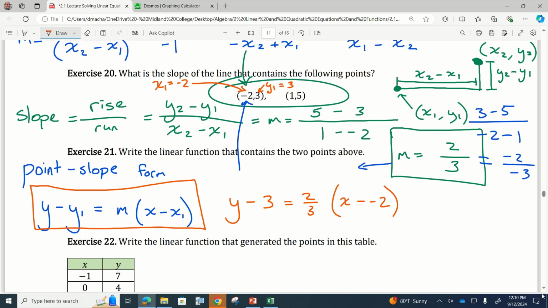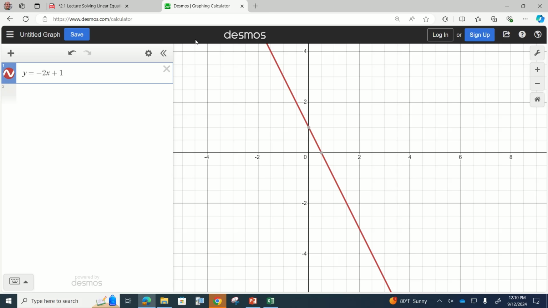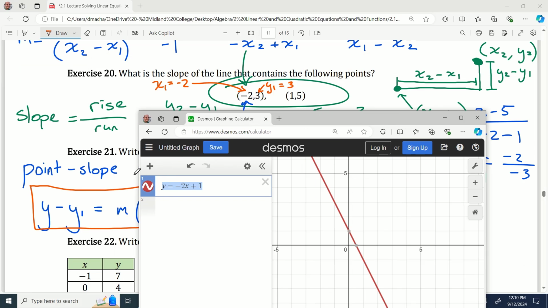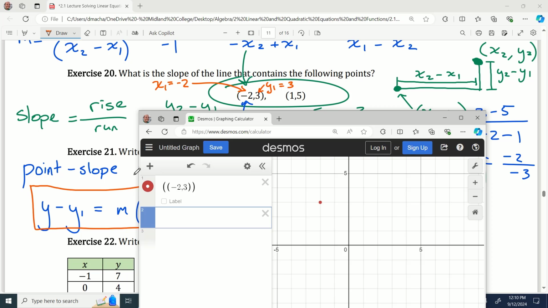If you want to double check your work, you can jump onto Desmos, and there's a few things I need to type out. Like, for example, -2, 3, and 1, 5.